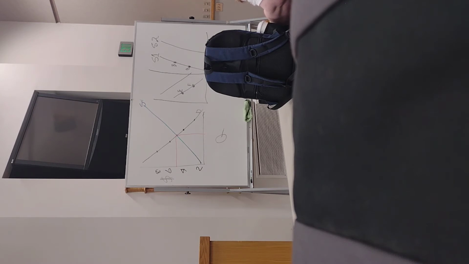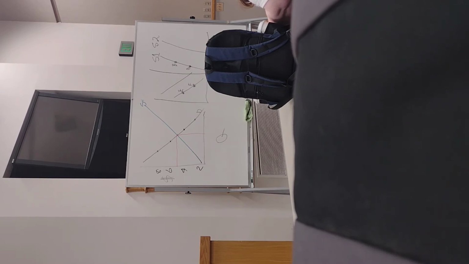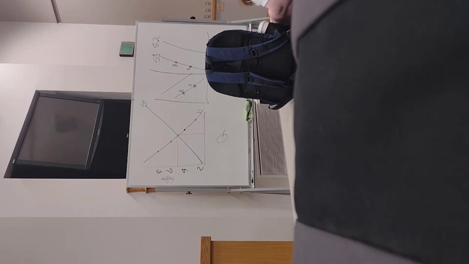True or false? If rice is an inferior good, a decrease in income will cause the equilibrium price of rice to rise. Remember, all of a sudden our wages have gone down, so now we're going to start buying inferior goods.